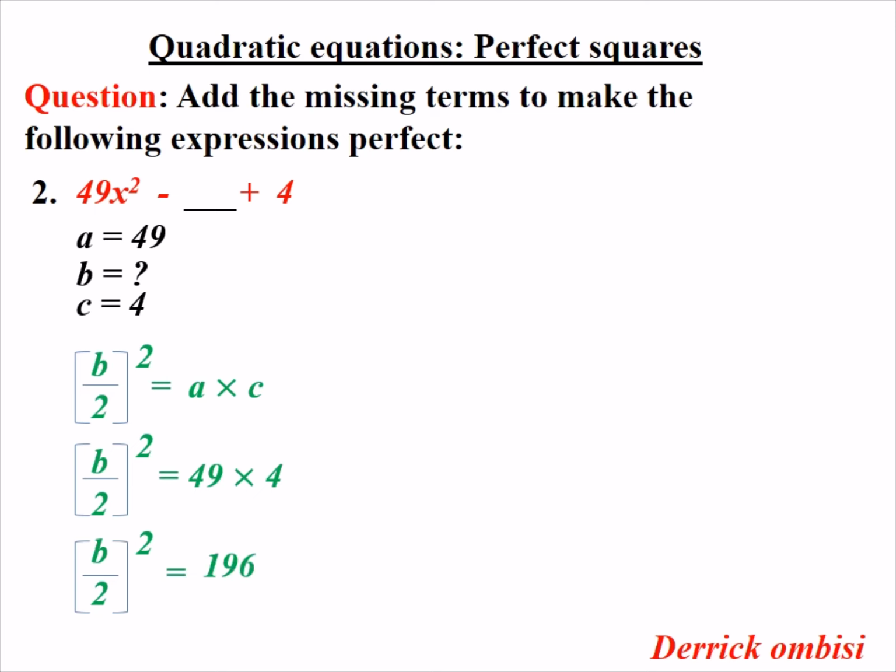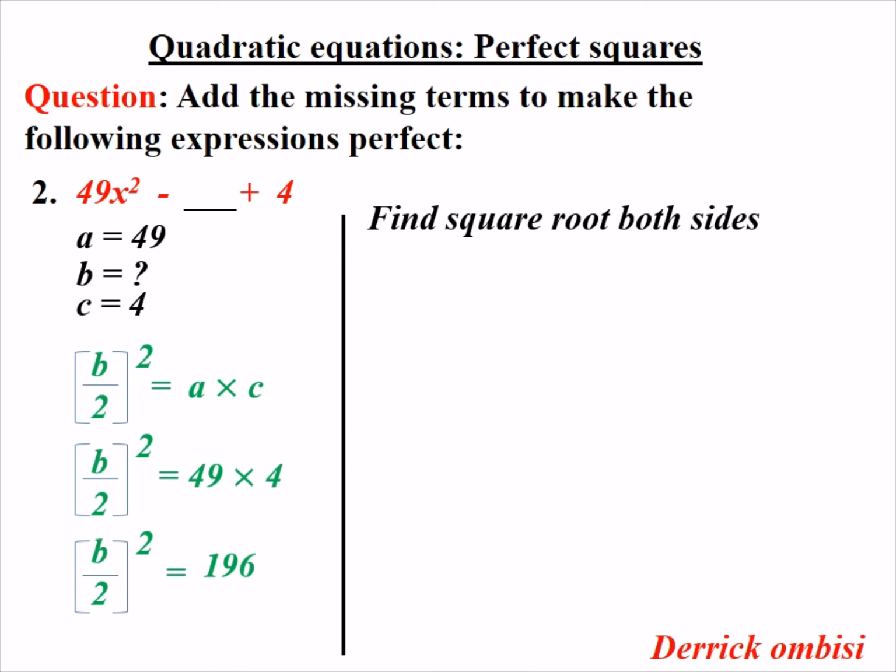Now at this particular place we find the square root on both sides. On the left hand side you'll have b over 2, and on the right hand side you'll have the square root of 196, which is either plus or minus 14.